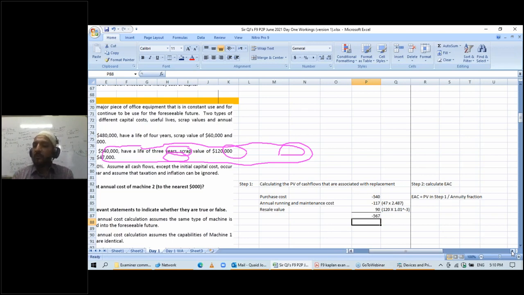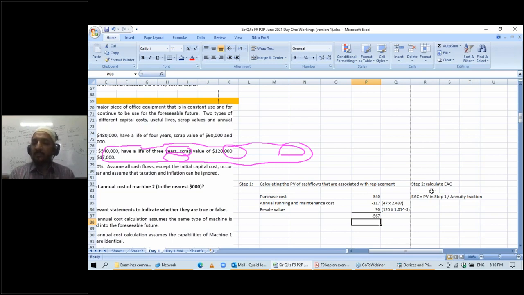So this cost will be for 1 year, and the 4 years cost will also be calculated in EAC terms for 1 year. So these become comparable, because it is 1 year cost with 1 year cost, in case of 3 years replacement and in case of 4 years replacement. This is how it works. I calculate annual cost in both cases so that they become comparable, and in the case where my cost is the lowest, I select that one.